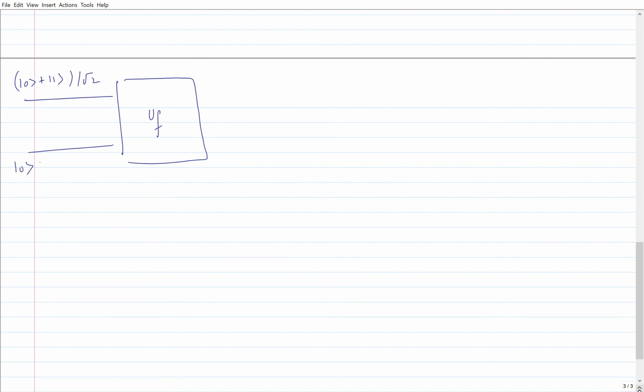Here the input is. So let me call it. So again, as in circuits, this is the way time flows. This is psi1.